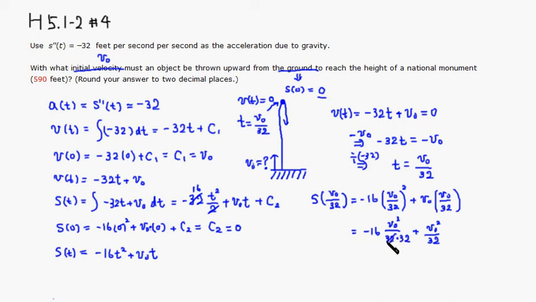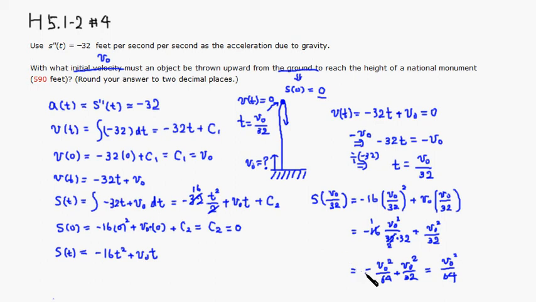The 32 and the 16 cancel, leaving a 2, so negative v0 squared over 2 times 32, which is 64, plus v0 squared over 32. v0 squared over 32 is 2v0 squared over 64, so this is simply v0 squared over 64.